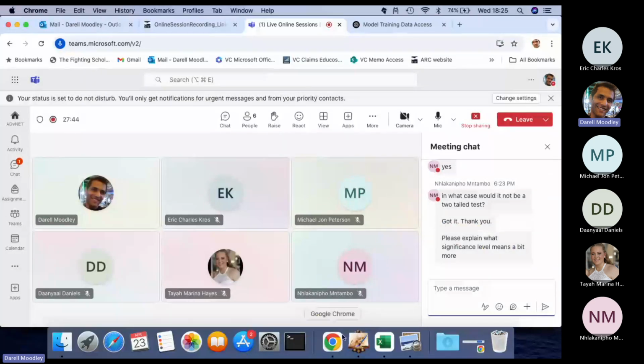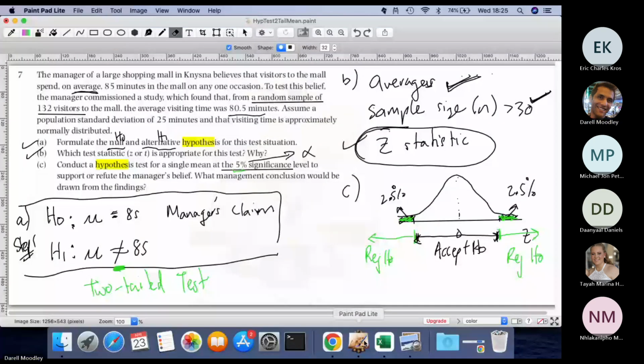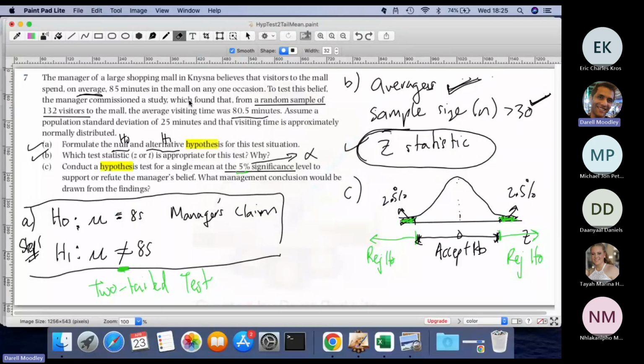All right. So significance level is basically the size of your rejection region. Let me give you some context of this. Let me put up a new board.